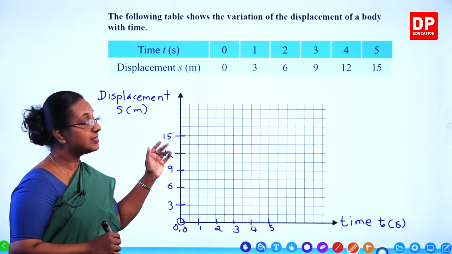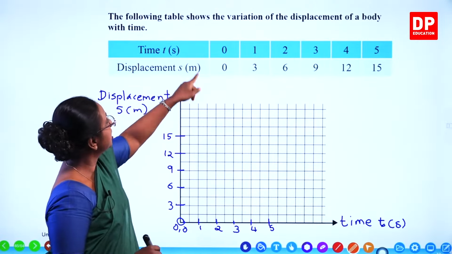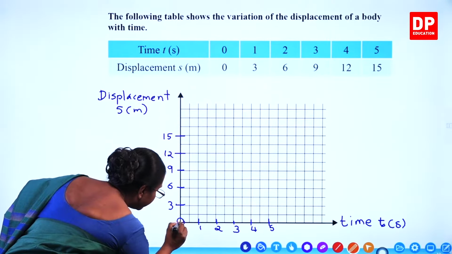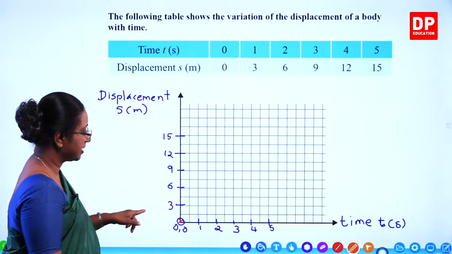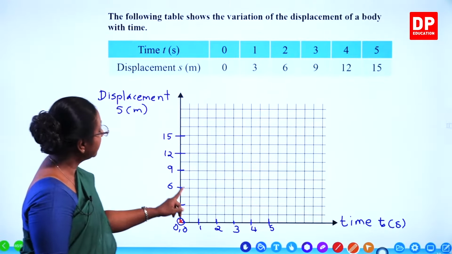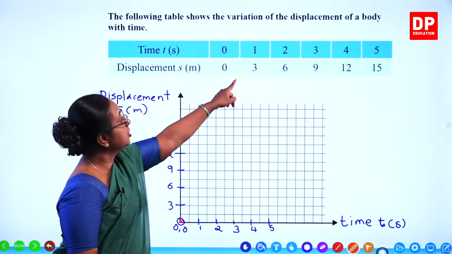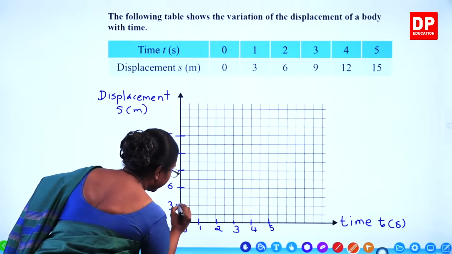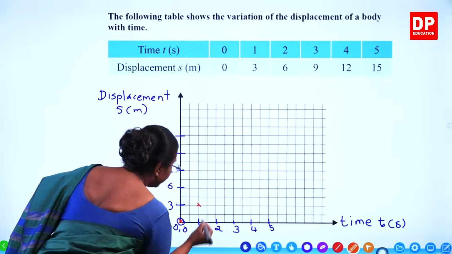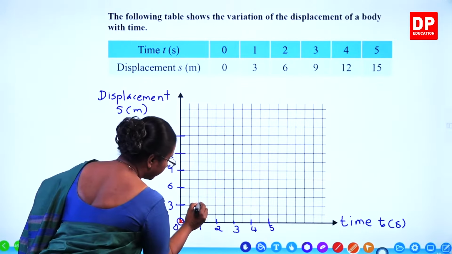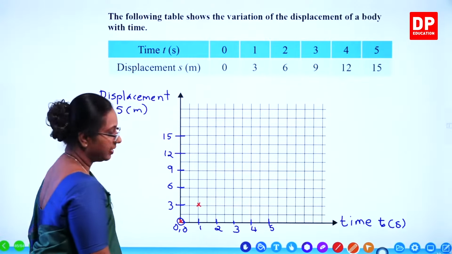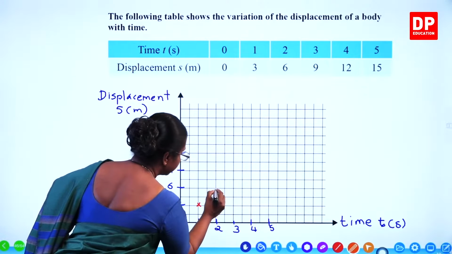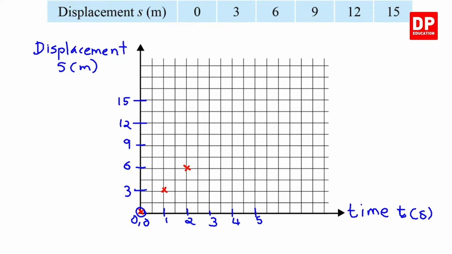So as you all can see, the object initially has a displacement of 0. So we mark the 0, 0 point as here. Then during the first second, it shows a displacement of 3 meters. So first second, 3 meters, we can mark the second coordinate here. Then the second displacement is 6 meters.